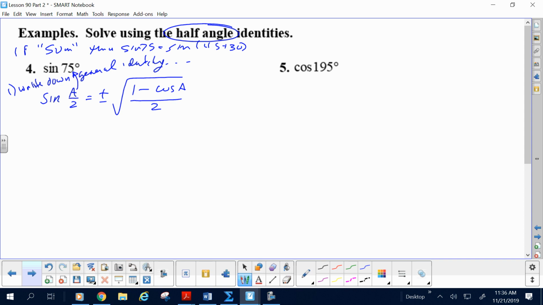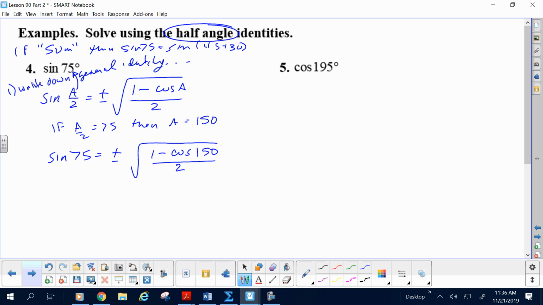If A over 2 is 75, write it down. If A over 2 is 75, then A is 2 times 75, 150, okay? So that implies the sine of 75 is plus or minus the square root of 1 minus the cosine of 150 over 2.